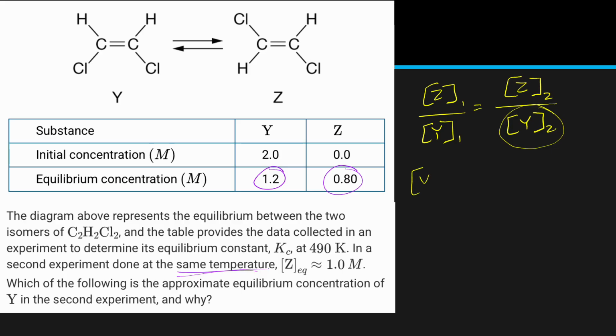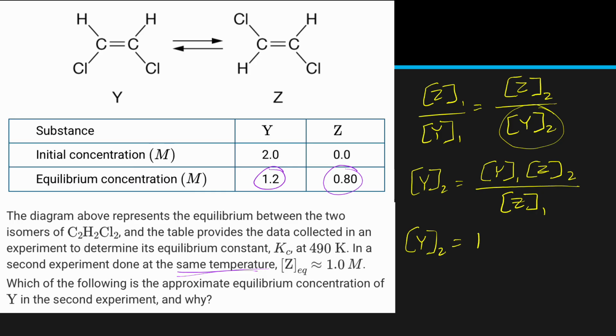So if I wanted to solve for that, I'm going to have concentration of Y at experiment 1 times concentration of Z at experiment 2 divided by concentration of Z at experiment 1. And that is going to give me a concentration of 1.5, and that is our answer.